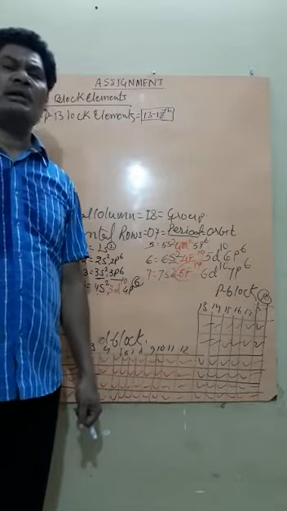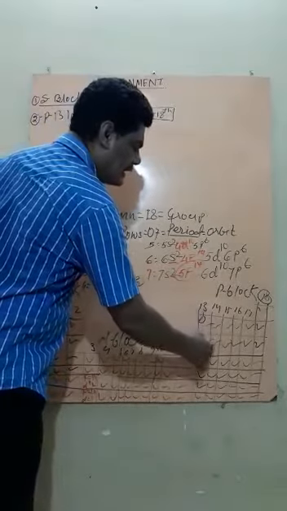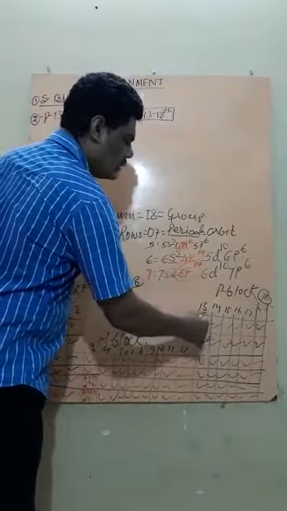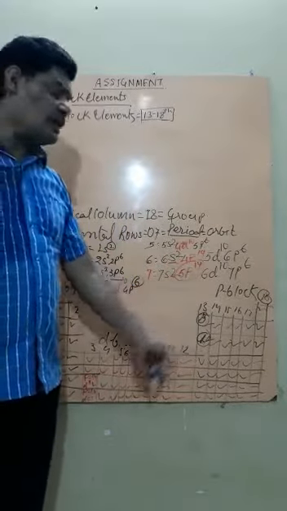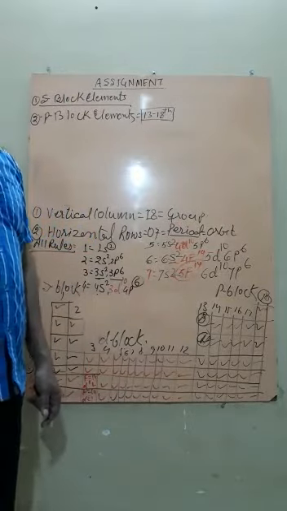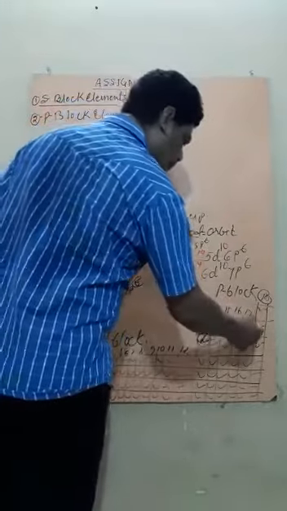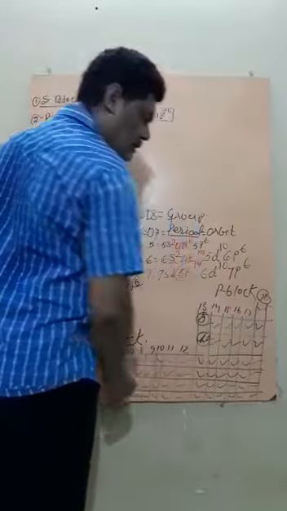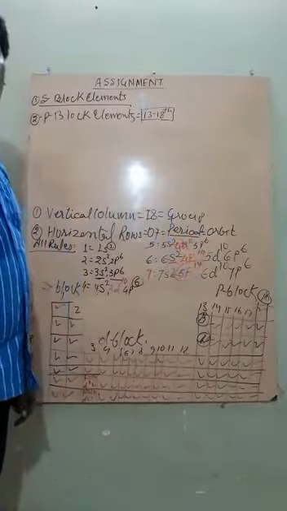Like the first element boron and the second element aluminum: boron is a non-metal while aluminum is a metal, however they are placed in the same group. So this is an anomaly. Similarly, here you can find fluorine, oxygen, nitrogen, carbon, etc.